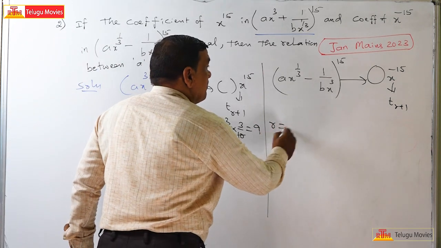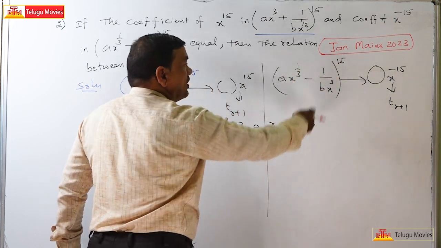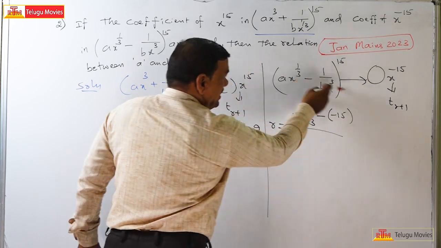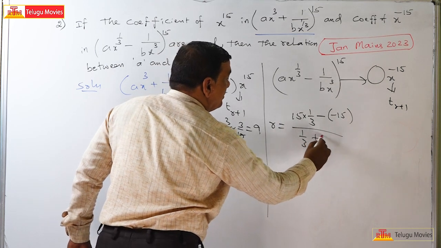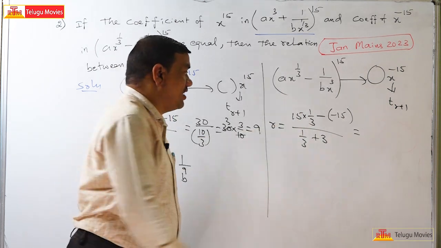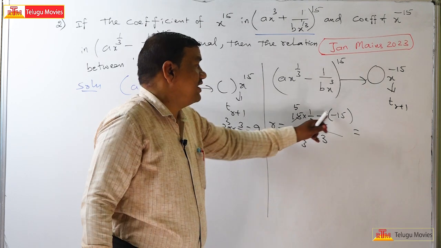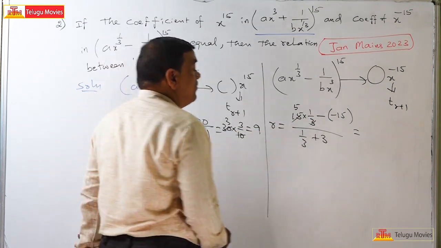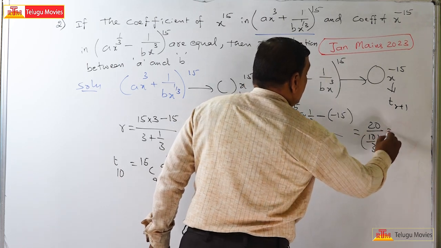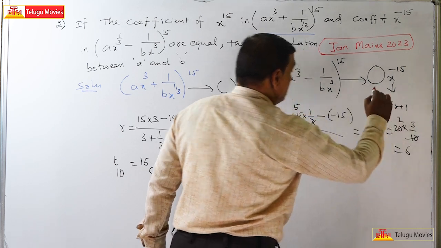Then r is given by (15 × 1/3 − (−15)) divided by (1/3 + 3). So 15 into 1/3 is 5, minus into minus plus 5, plus 15 is 20, by 3 times 3 is 9, plus 1 is 10 by 3. So this is 20 into 3 by 10.